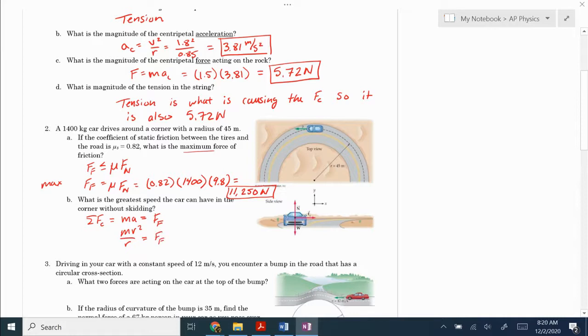We're solving for v, so v is equal to the square root of F_f times r divided by m, with r being 45 and m being 1,400. So there you go. v is equal to, I believe, 19 meters per second.